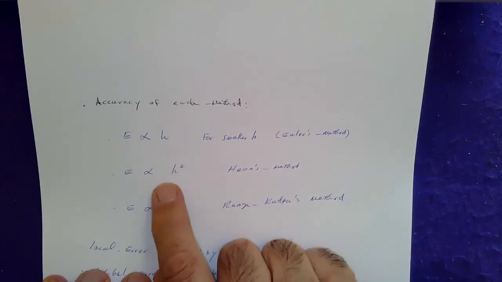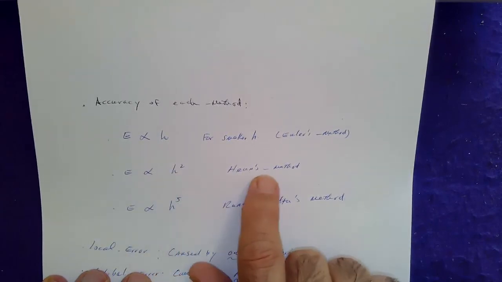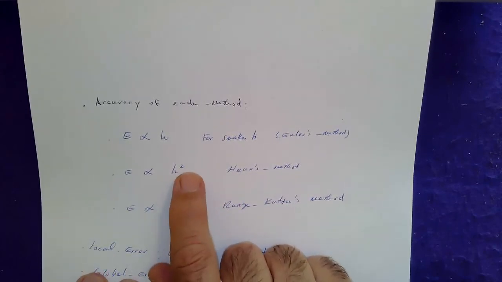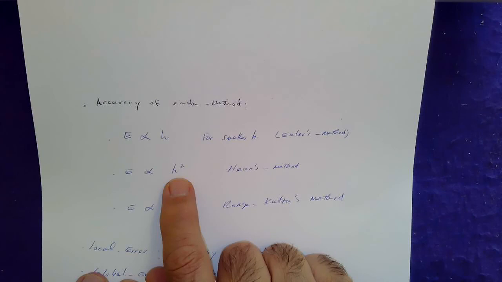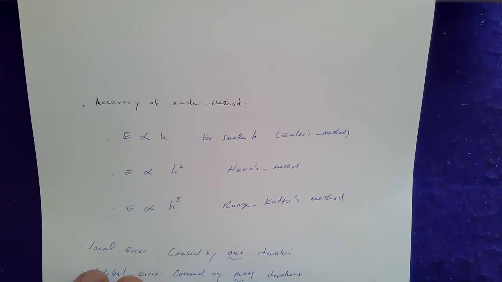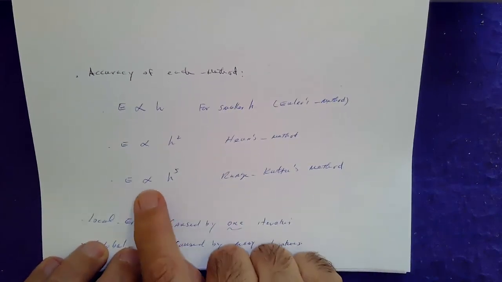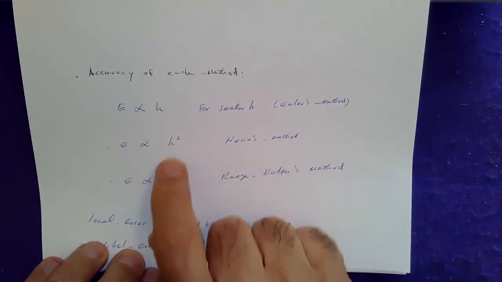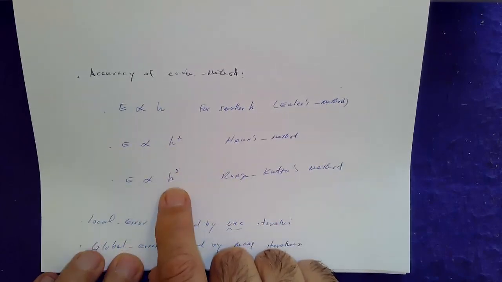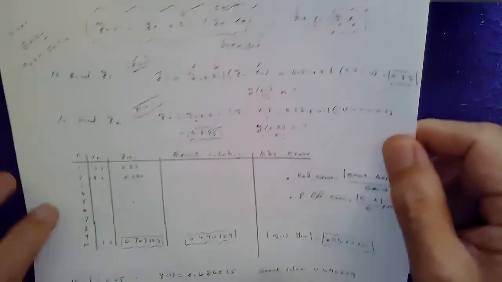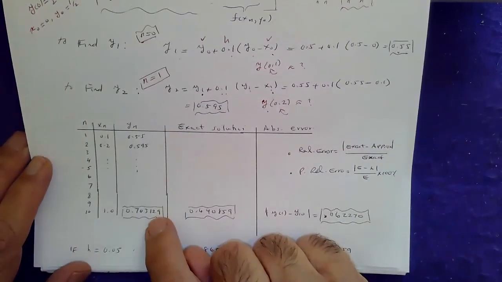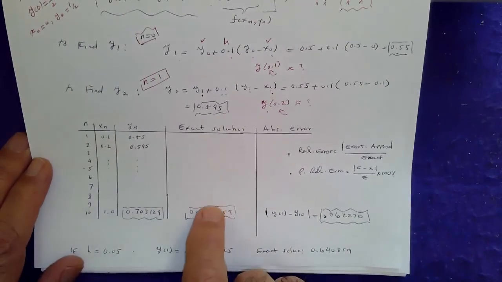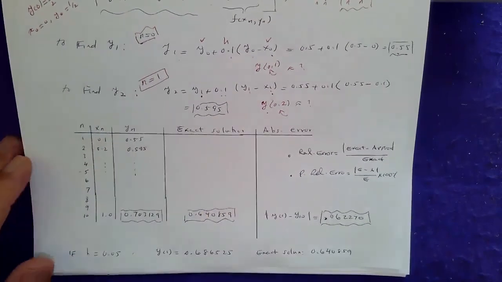For the modified Euler method, which is Heun's method, the error is proportional to the step size squared. Notice the error is becoming smaller. But in Runge-Kutta, the error is h to the power of 5, which is much smaller than this. So if I would do this using the Runge-Kutta method, instead of taking 10 steps to get something close to the exact, Runge-Kutta might give you this close to this answer in step 2 right away.